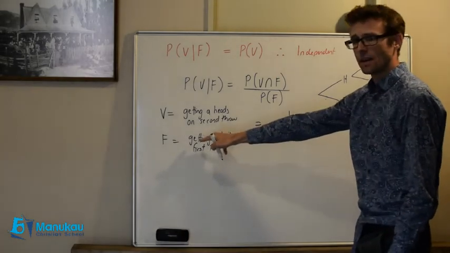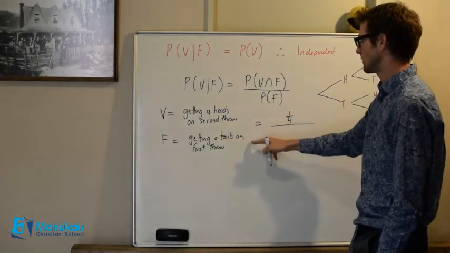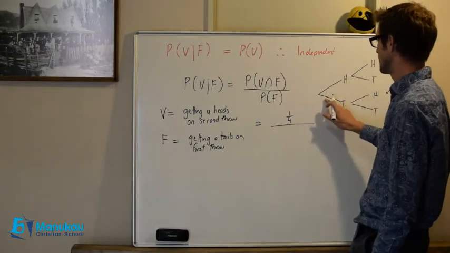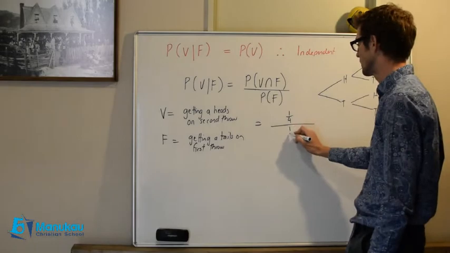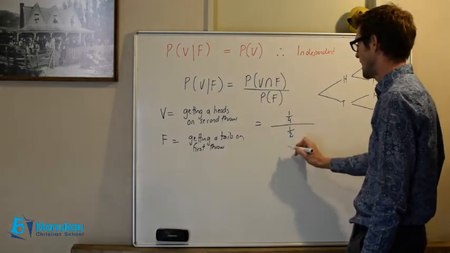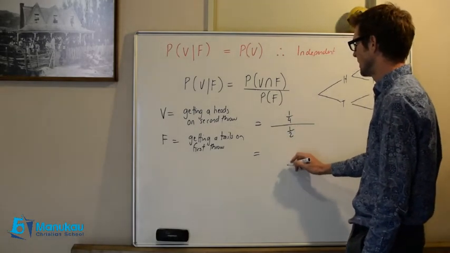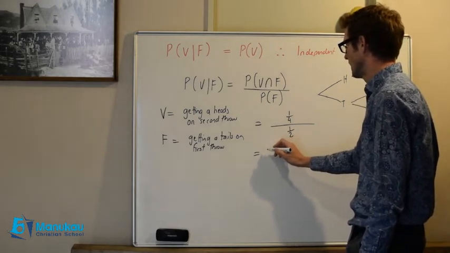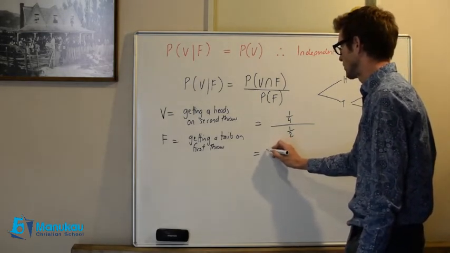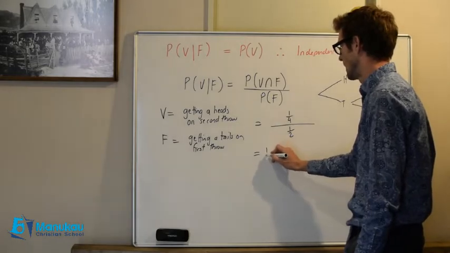And then the probability of getting a tails on the first throw is a half, because there are 2 branches, each of them a quarter, so it's divided by a half. Now 1/4 divided by a half is equal to 1/2.